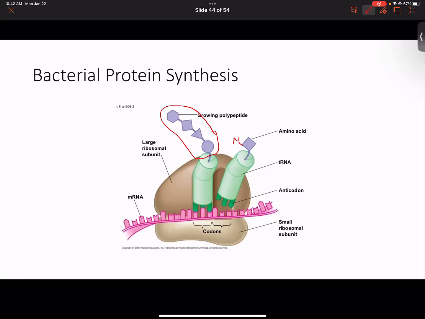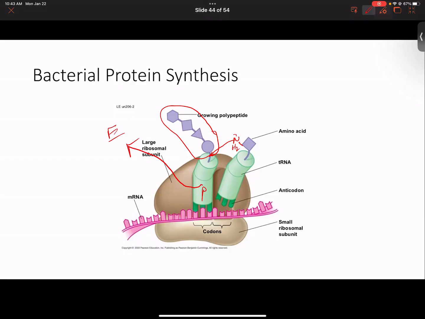And then the amino group on this particular amino acid is actually going to attack that particular ester bond that's connecting the polypeptide to the transfer RNA in the P site and grab onto it. And then this particular transfer RNA is going to exit through the exit site. And it just keeps going on and on and on until a stop codon is reached.